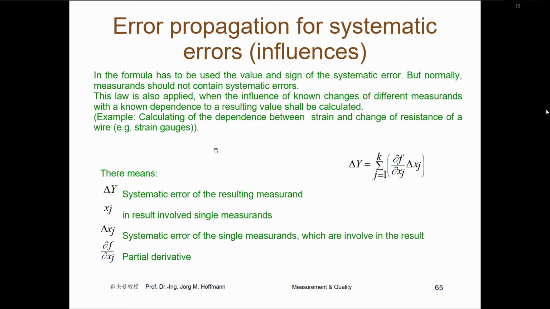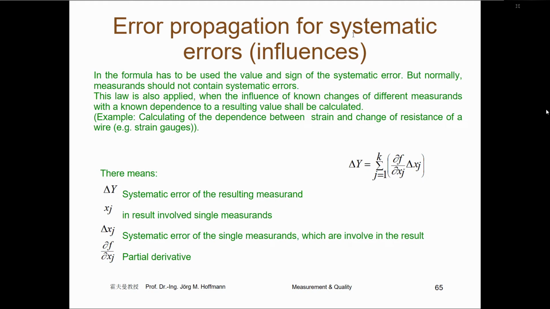Okay, then I would like to show you a fourth formula, the error propagation for systematic errors. It is mostly called error propagation for systematic influences, because systematic errors we can correct.